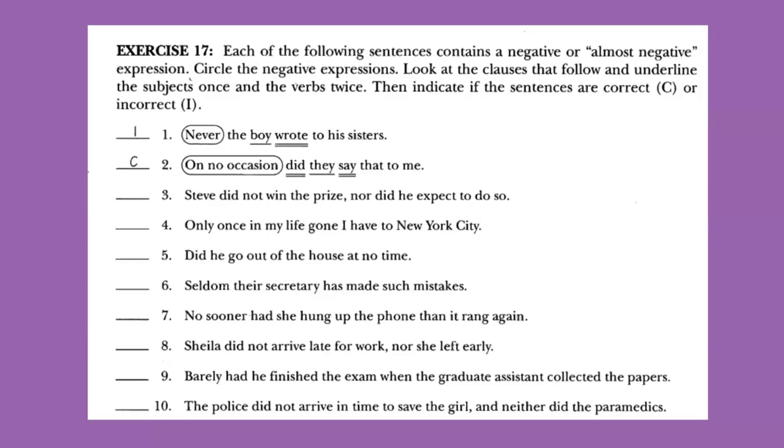Let's look at the answers. Number 3 is correct. Number 4, incorrect. It should be "have I gone?" Okay? Number 5, incorrect, because this one should be "he went." And no, "did he go?"